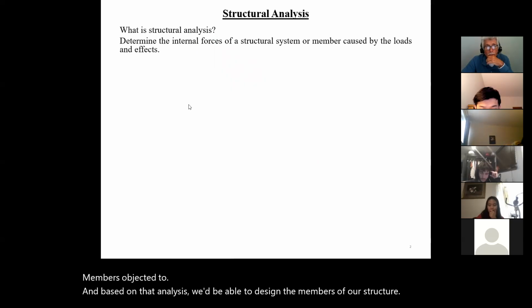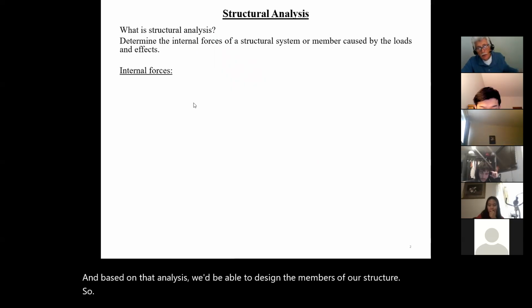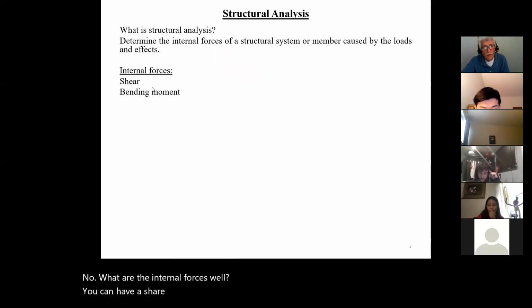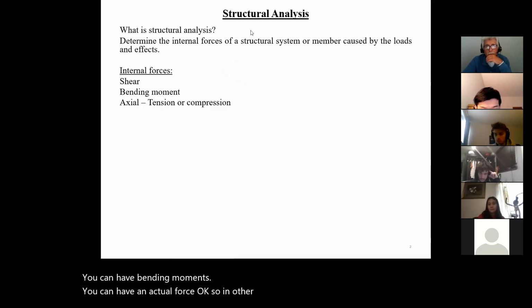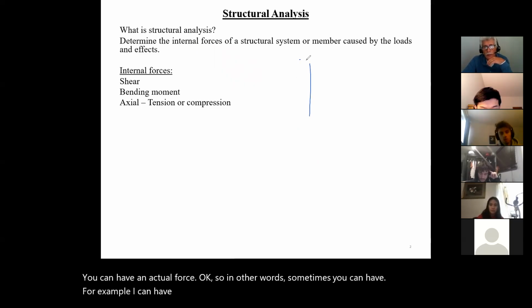So now, what are the internal forces? Well, you can have a shear force, you can have bending moments, you can have an axial force, okay? In other words, sometimes I can have, for example, a rope that's attached to the ceiling, and I hang a weight.